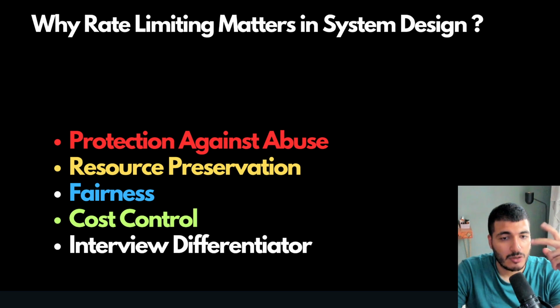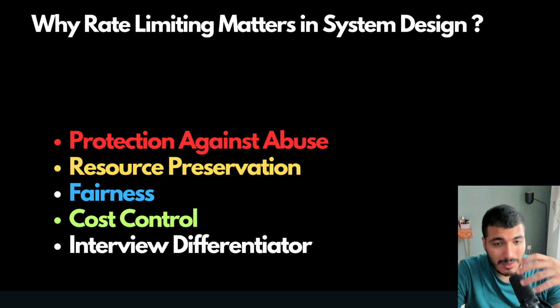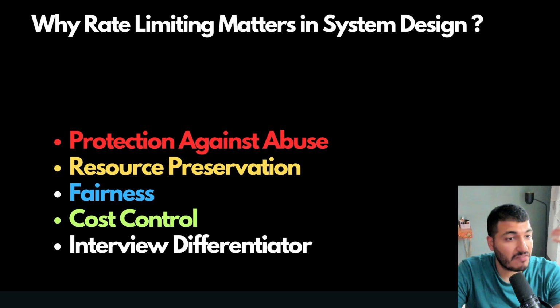Number 2, resource preservation. It ensures your precious compute, memory, database connections, and network bandwidth are not monopolized by a few requests, protecting them for all users. Number 3, fairness.